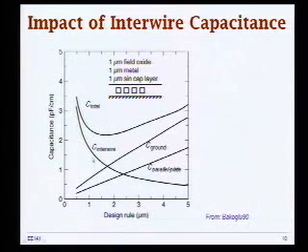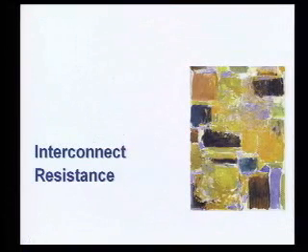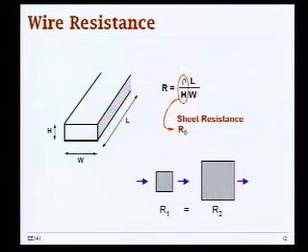We observe that in today's technologies, for example in this class at quarter micron technology, we can safely assume that interwire capacitance is dominant. So basically the capacitance to ground and parallel plate components are sort of diminishing. So all you need to worry about is this interwire capacitance that is the dominant component in the total capacitance of a wire. And then another important component is wire resistance.